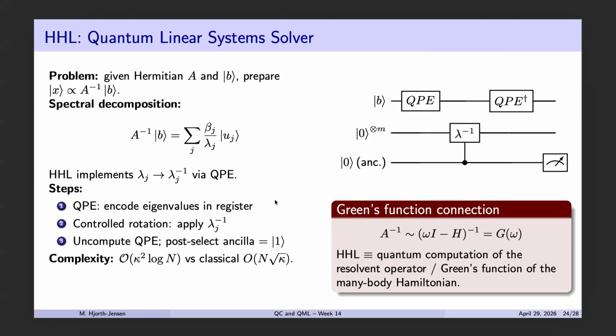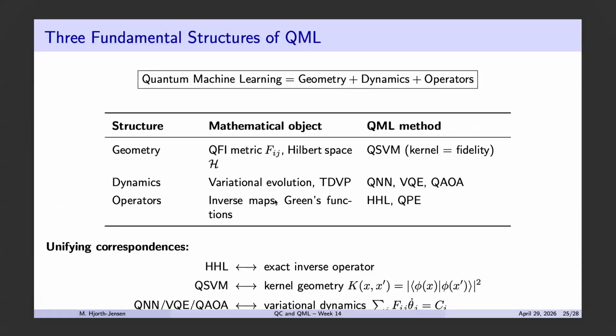So if we look at the three fundamental structures of quantum machine learning methods, if you now want to compare what we have done in the last 3 weeks, the typical approach, if you look at a quantum machine learning method, in particular the quantum neural networks and also the VQE and the QAOA, is normally a variational evolution.